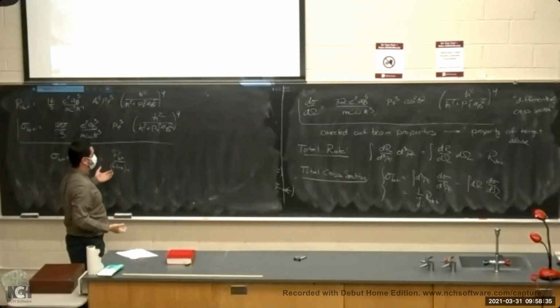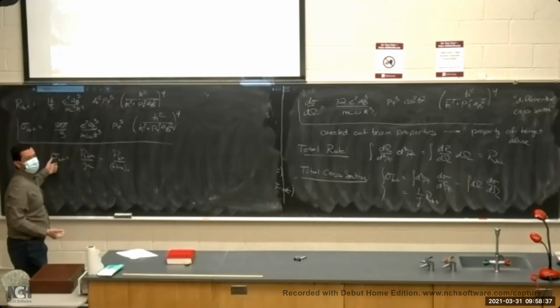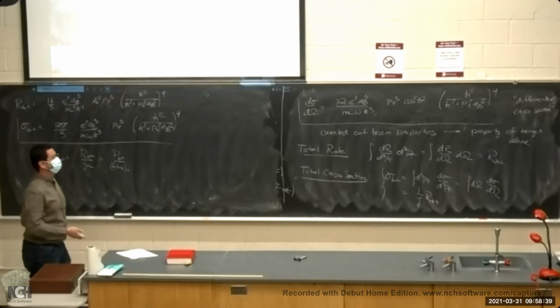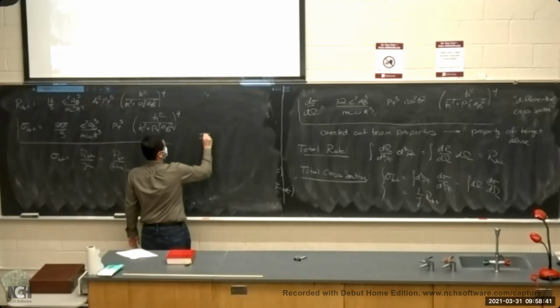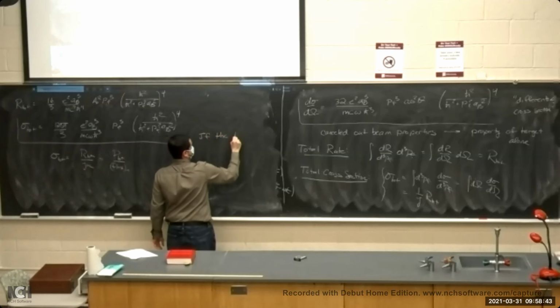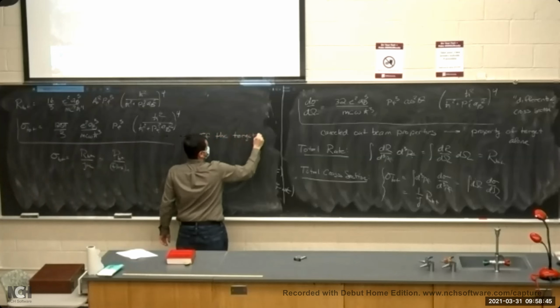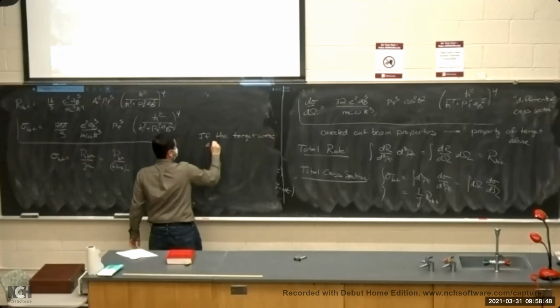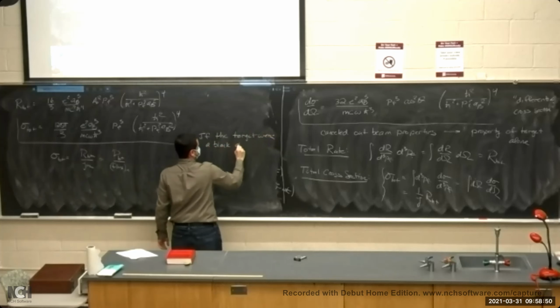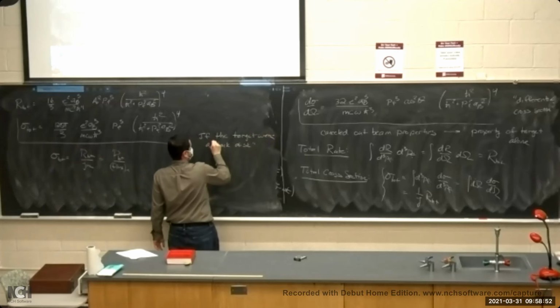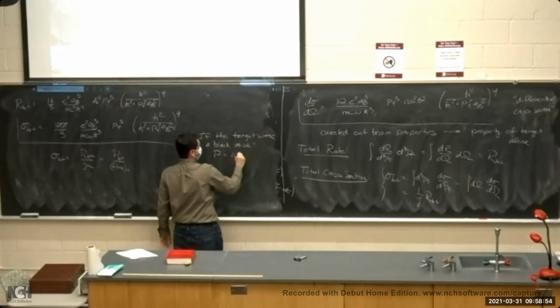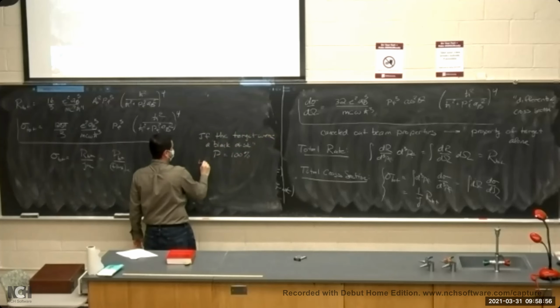So a useful way to convert this is to compare the same cross-section if the absorption probability was 100%. That's referred to as a black disk. If the target were a black disk, meaning the probability is 100% to scatter, what area would it have?